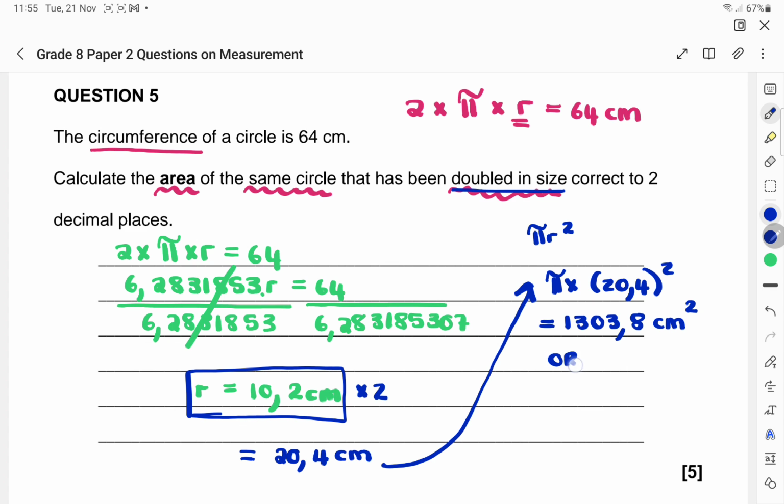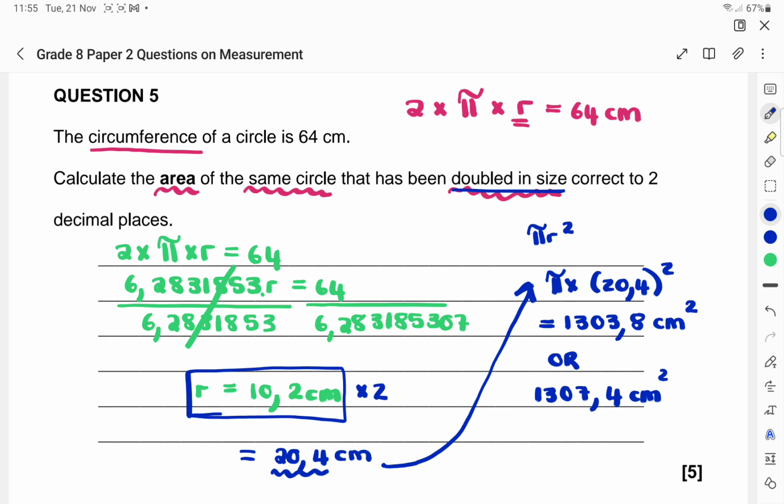But if you went and inserted it as 20.4 in your calculator again, you would perhaps have gotten 1307.4. So it's all very important with the rounding. If you round it off here, it's always best not to round off, but if you have, then it could have been that answer as well.